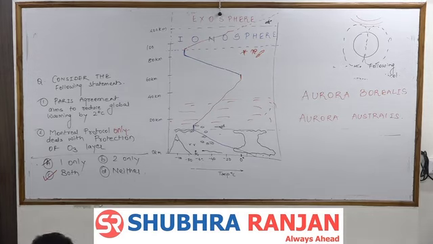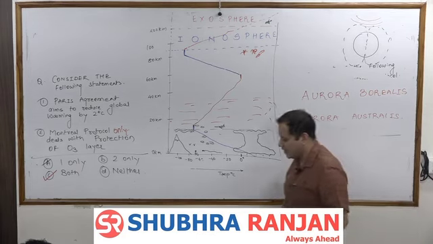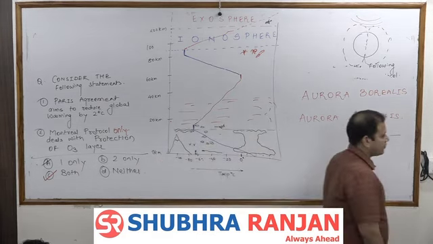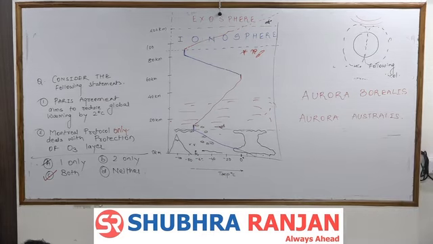It is further divided into the ionosphere, 100 to 400 kilometers, or you can write 80 to 400 kilometers, because it varies.